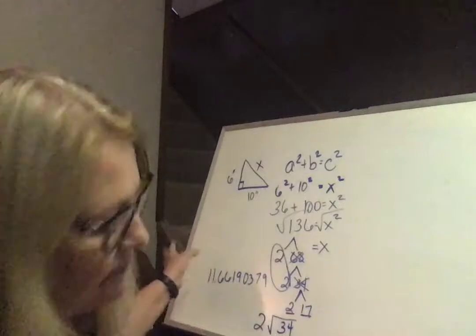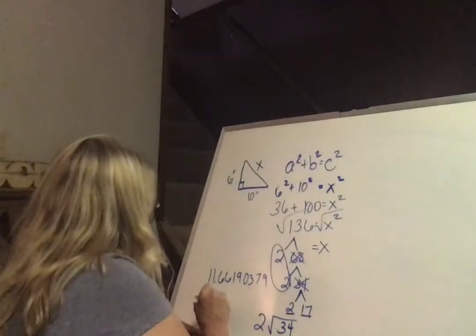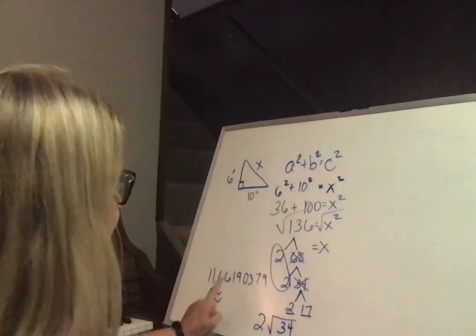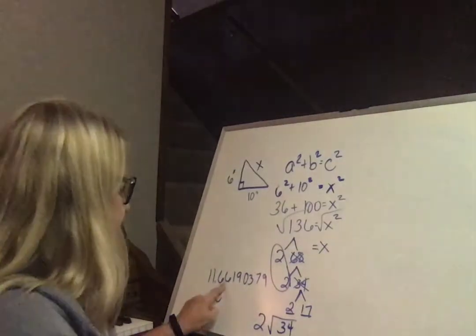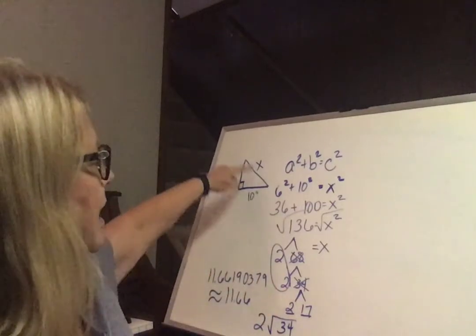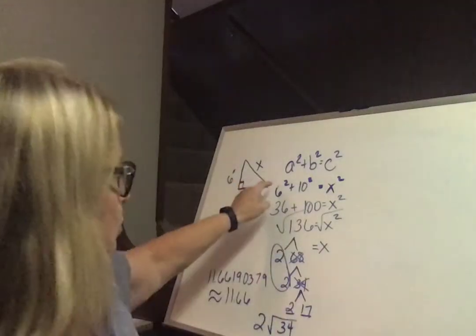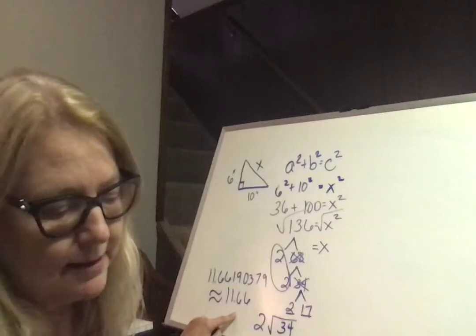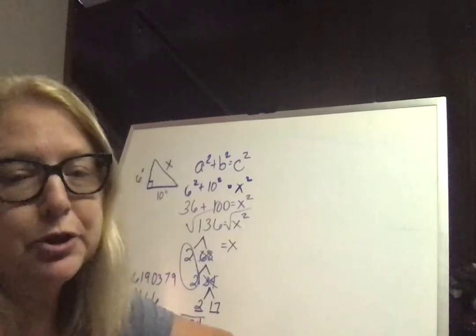Okay, we aren't going to leave the whole thing as we do all of these. We will approximate. So the approximate answer, rounded to the nearest hundredth, 2 decimal places, because this is a 1, the 6 stays as a 6, 11.66. So this hypotenuse is 11.66, which makes sense. One side is 6, one side is 10. The longest one, 11.66. Let's try one more, and then you should have enough to do your homework.